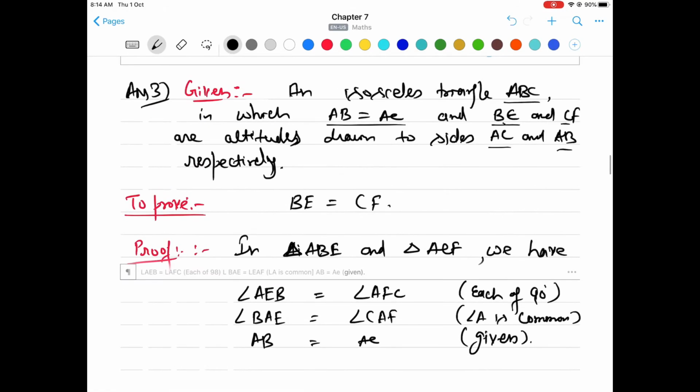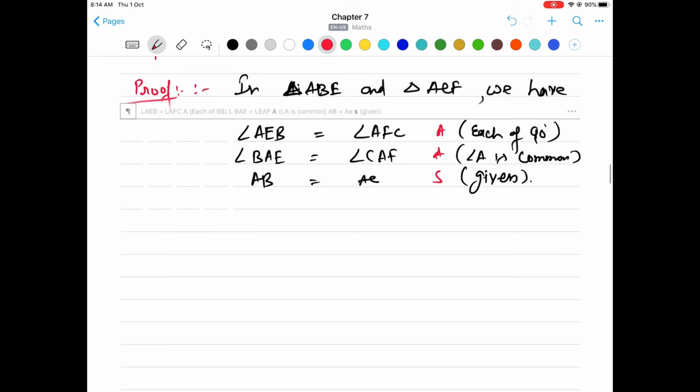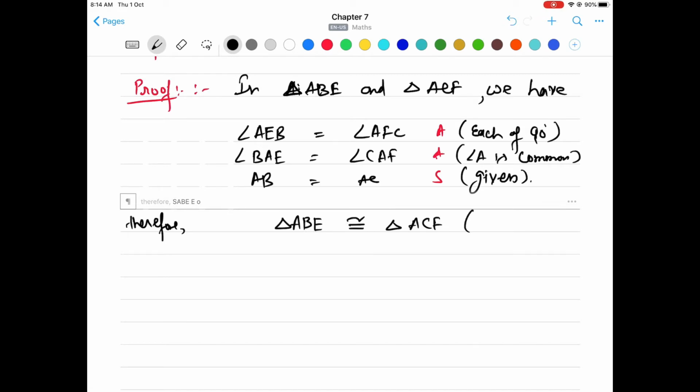So what we got here is, we got angle and side. So by AAS congruence criteria, these two triangles will be congruent. So right, therefore triangle ABE is congruent to triangle ACF, and this is by the angle angle side congruence rule.